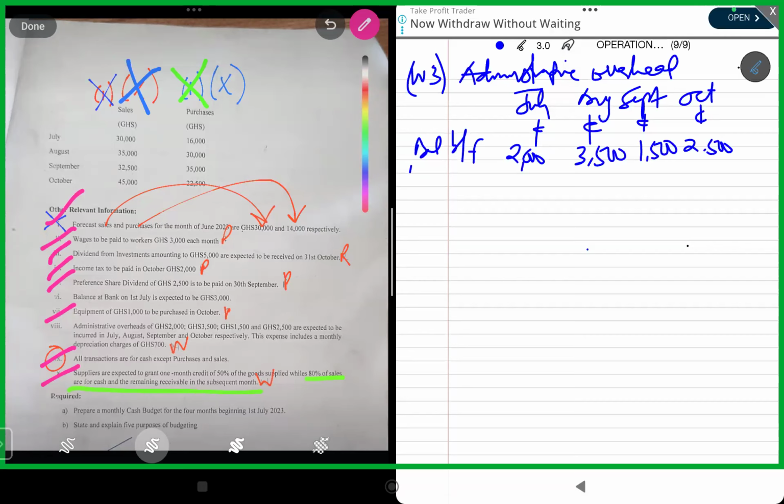Then we will less the overheads, sorry, we will less the depreciation charge per each month. It says 700, so we have 700, 700, 700, 700. We are lessing each month.